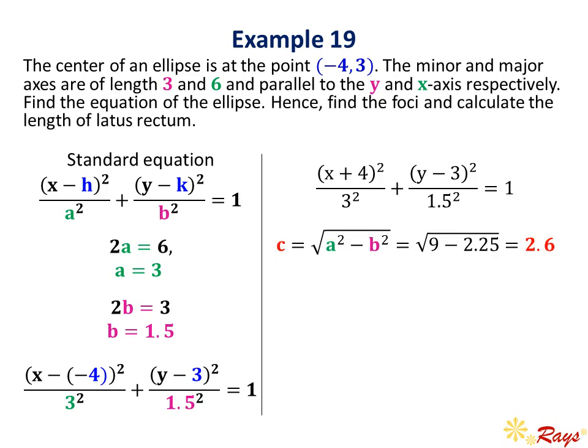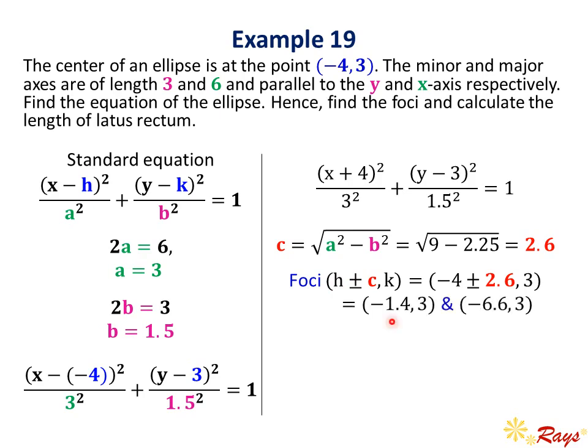So to find the foci, we need to first find the value of c. And c is equal to the square root of a squared minus b squared. So substitute the values of a and b. We get c equal to 2.6. Since our major axis is horizontal, to find the foci, we have to add and subtract c to the x-coordinate of the center.